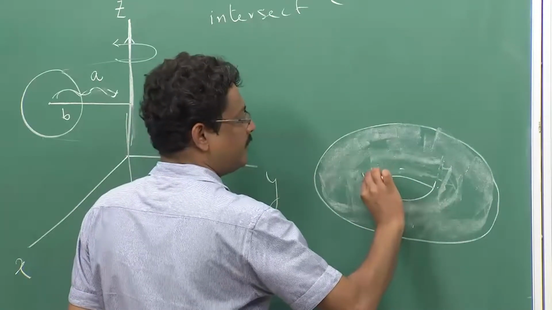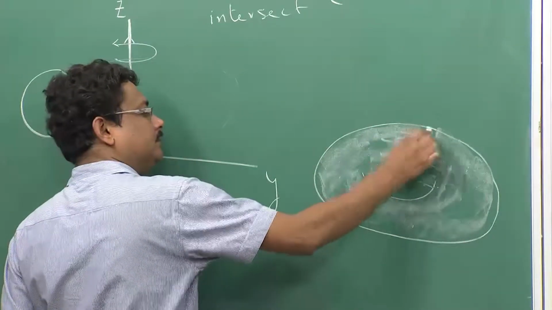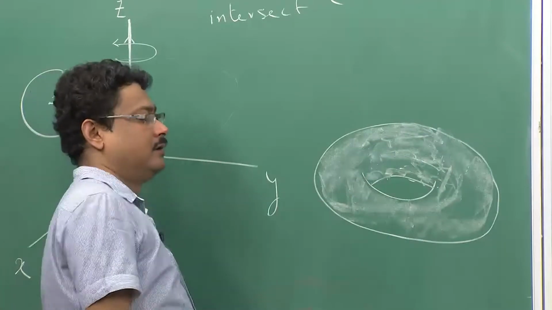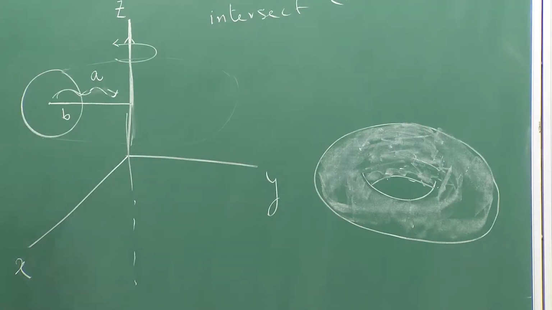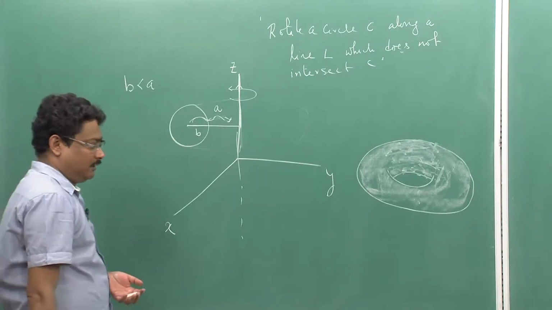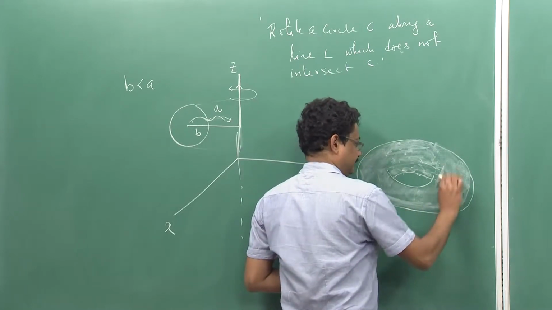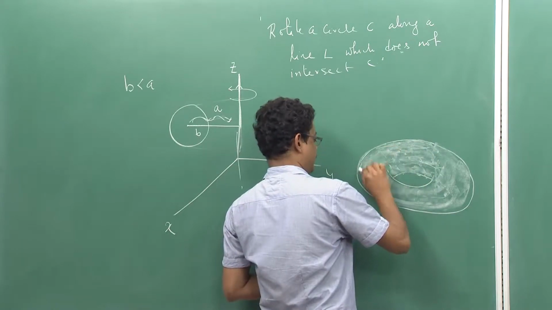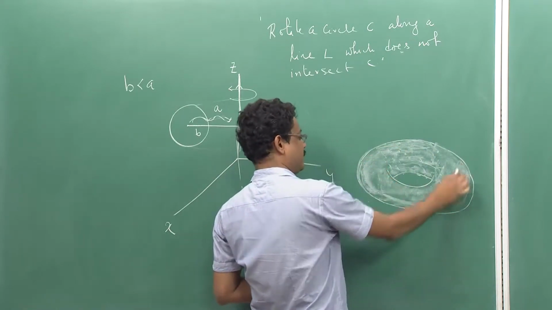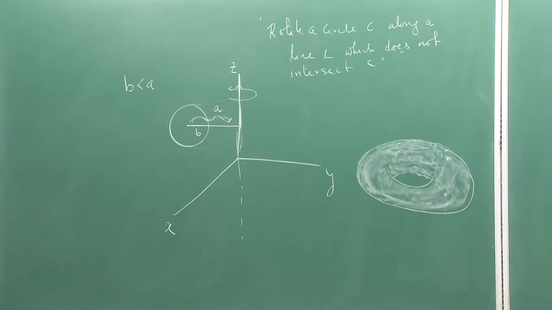I think I have drawn it earlier also. You have to see it from above, and if you see it from above, it will look really like a donut. This is called a torus with genus 1. Anyways, that is a language which we are not concerned with.